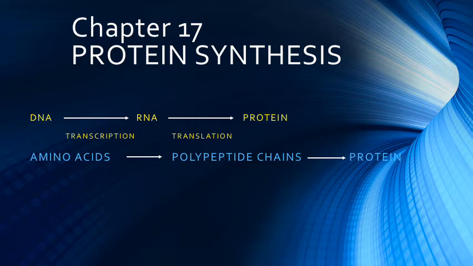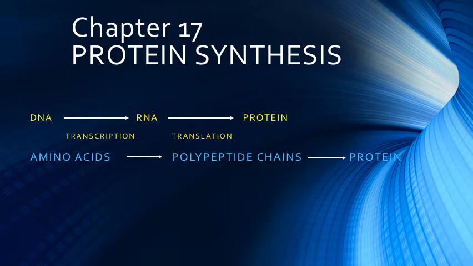And if you recall way back a few chapters, what are the building blocks of proteins? The building blocks of proteins are amino acids. The bonds that hold those amino acids together are a special type of covalent bond called peptide bonds. And so once you get a bunch of amino acids together, it's called a polypeptide chain because there are lots of peptide bonds in there.